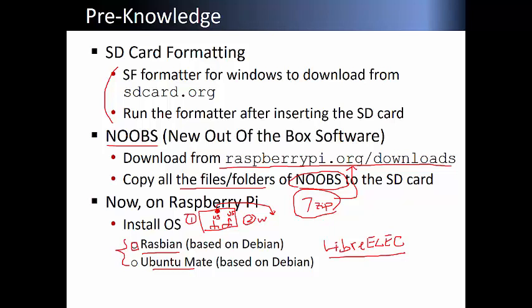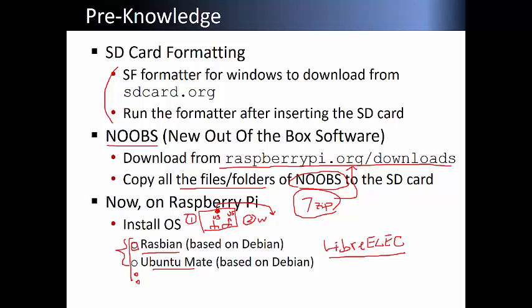Once you connect to the Wi-Fi network, then you have multiple different Linux distributions available. One funny thing is that if you do this, there is a Windows 10 also. So if you want to download Windows 10 on your Raspberry Pi, that is also possible.